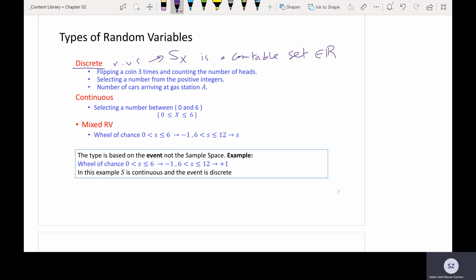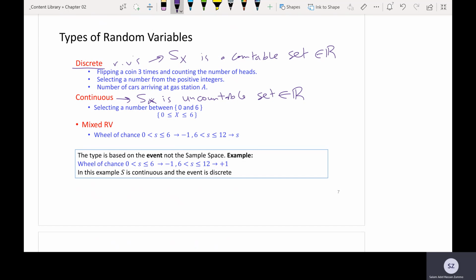It can be finite or infinite. Now a continuous random variable is basically uncountable. S_X here is an uncountable set belonging to R. So the random variable can take any value in R. It can take any value in the interval from 0 to 2.